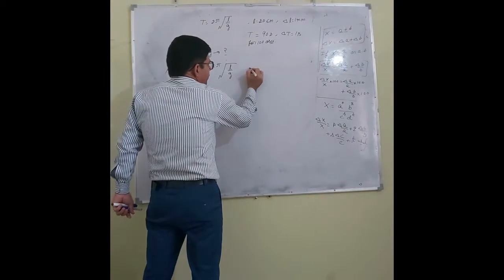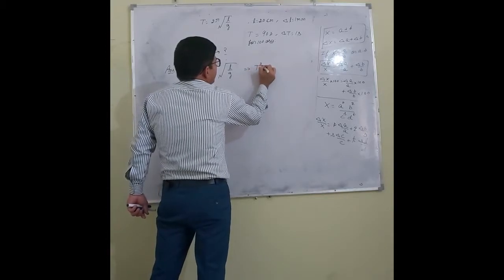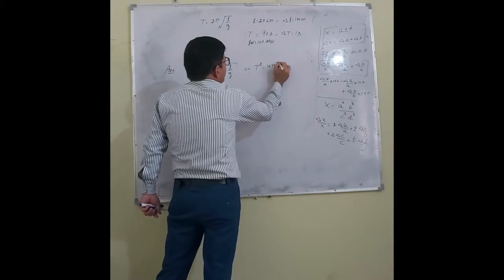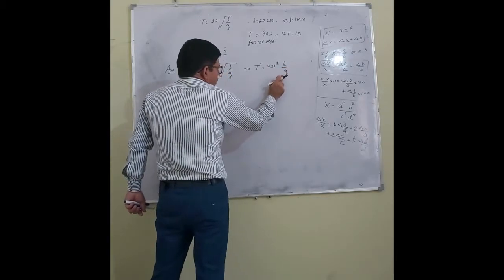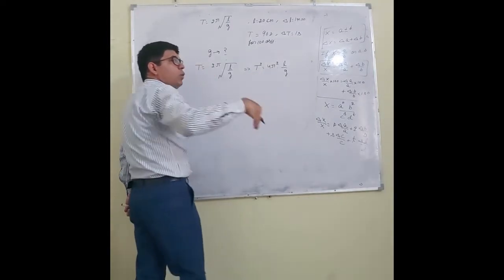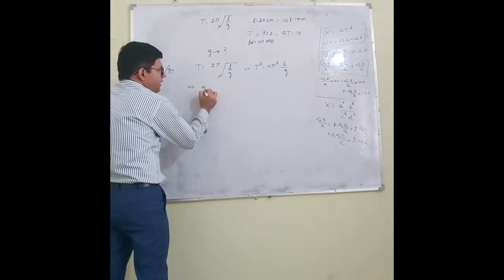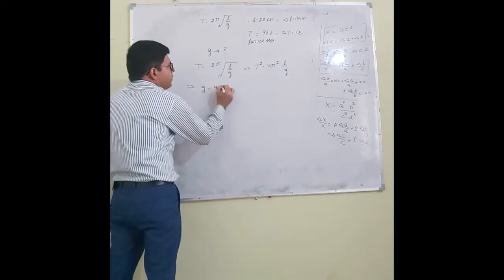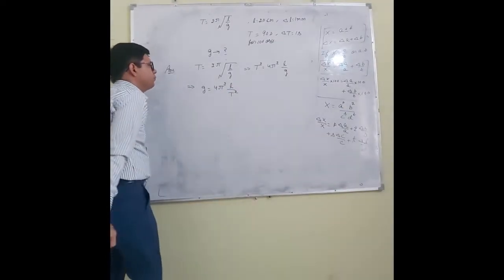To find g, squaring both the sides, what will I get? T square equals 4 pi square L by g. Now g goes to the left-hand side and T square goes to the right-hand side, so I get g equals 4 pi square L by T square, right?